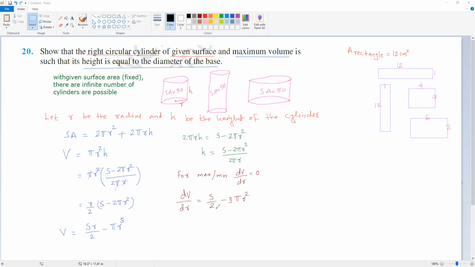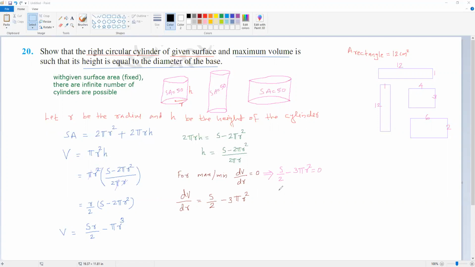Now here for maxima or minima, I told you derivative is equal to 0. That implies s by 2 minus 3 pi r square is equal to 0.